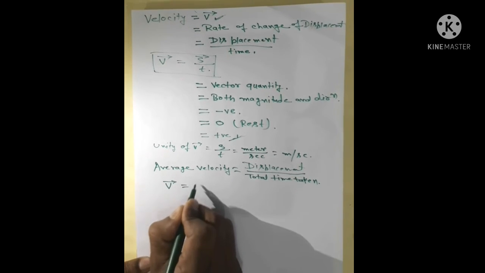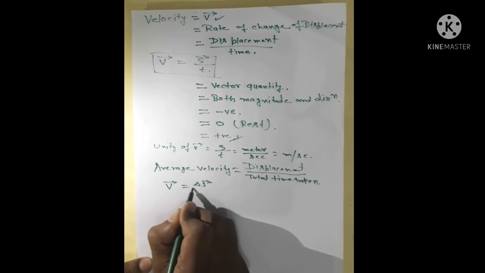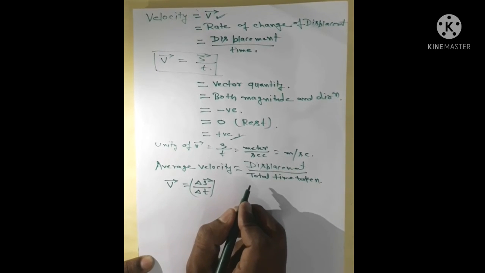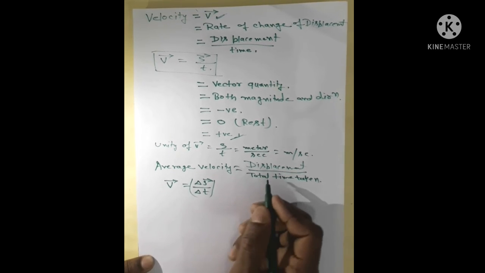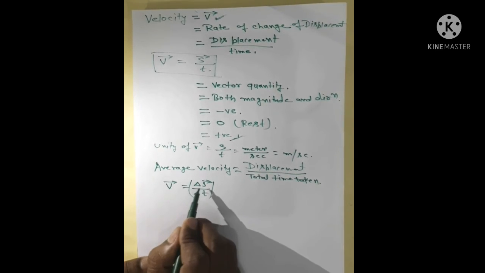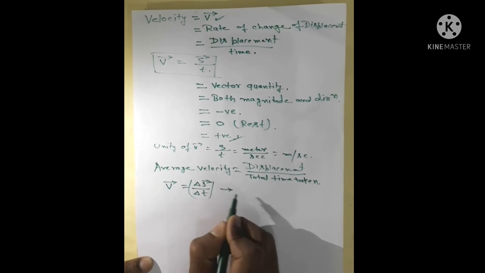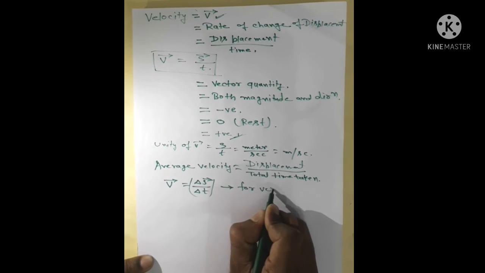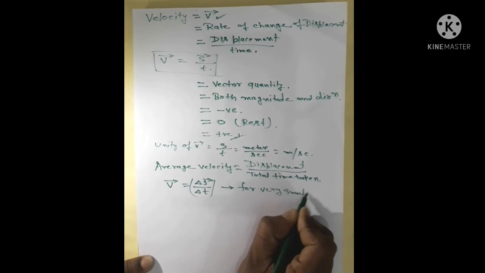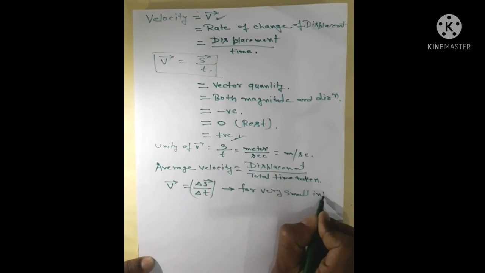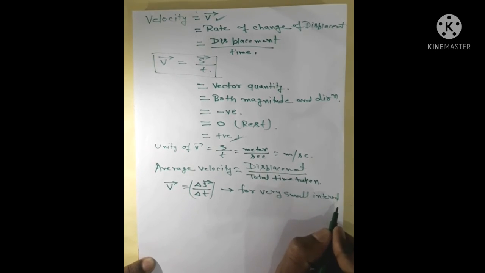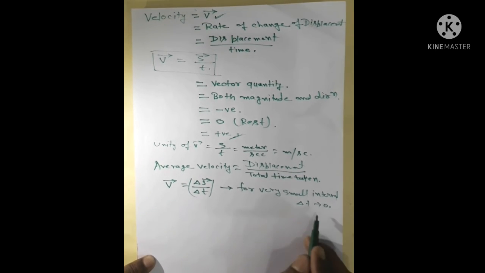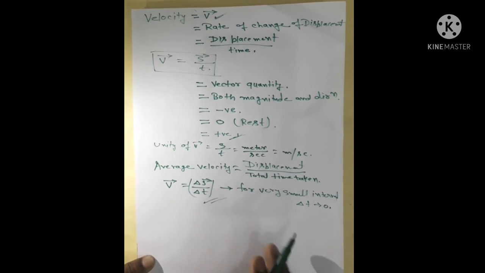Velocity is del s by del t, which means for a small interval of time. For a very small interval, del t tends to 0, we can write it like this.